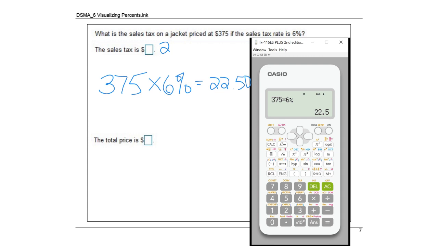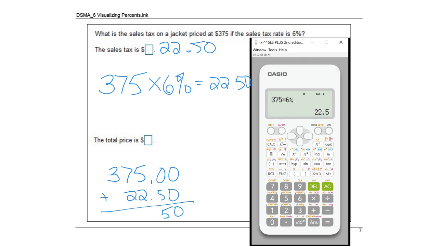That gives us our sales tax of $22.50, but now we have to add that to the price. So our price was $375 with no cents. We added the tax. That gives us $397.50 is our total price.